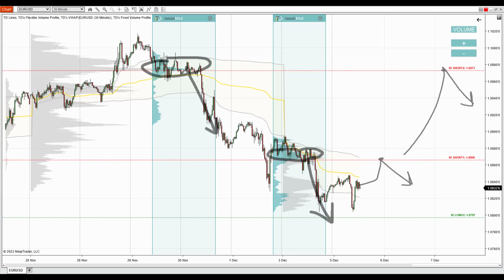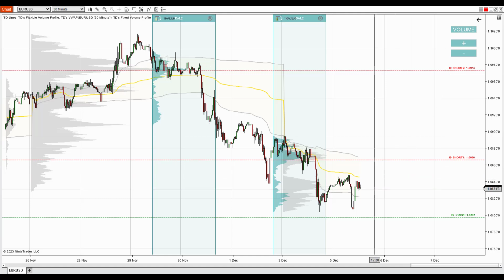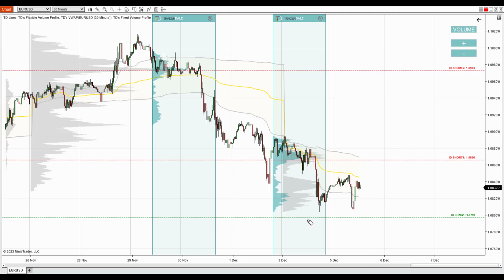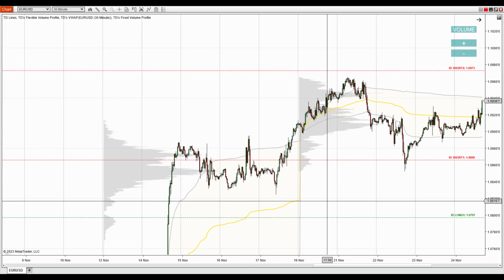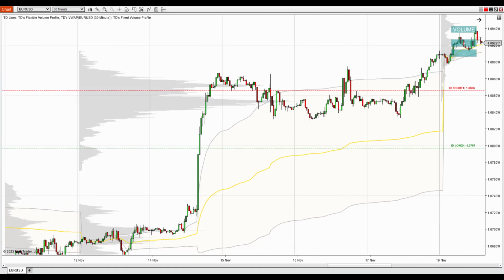Now, as you can see on my chart, I also have a long level. This is a pretty old long level, which I published for members of my trading course in the members area. It is at 1.0797. If I scroll back a bit, you can see that it originates from this place.